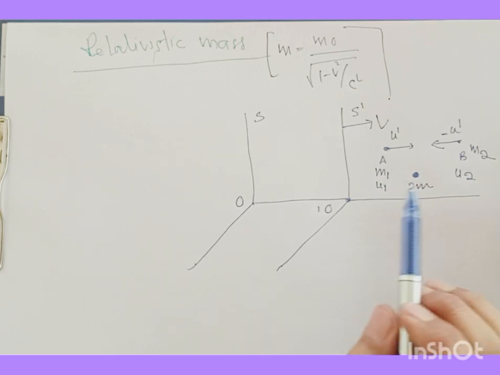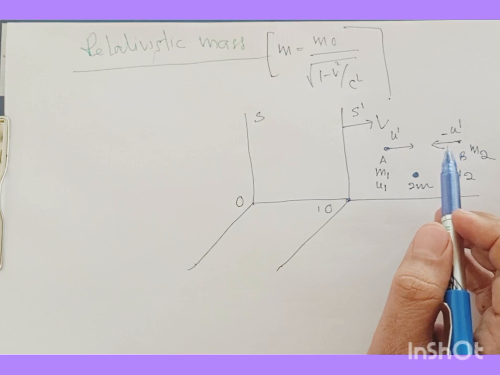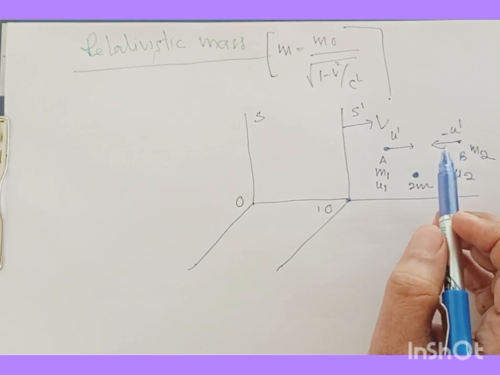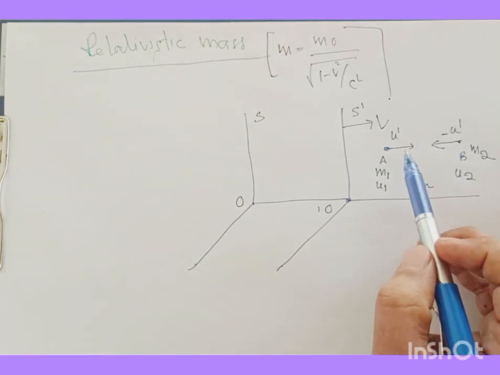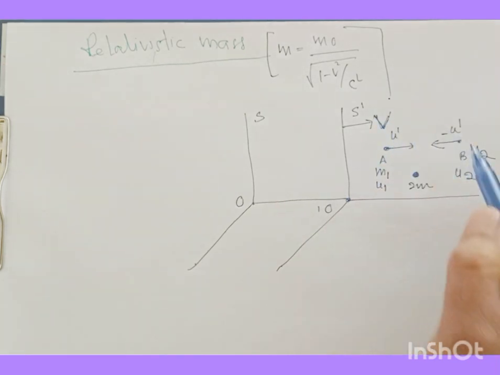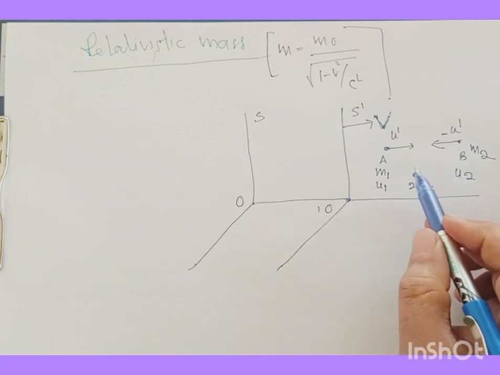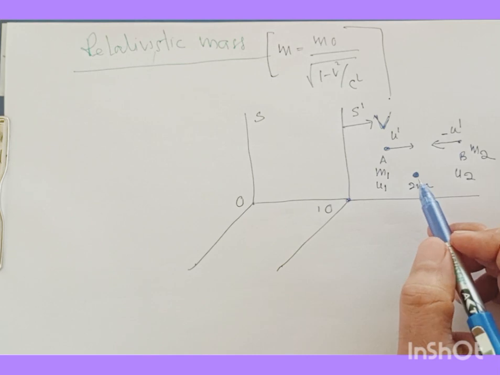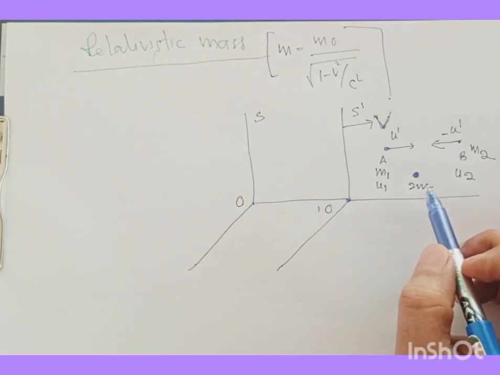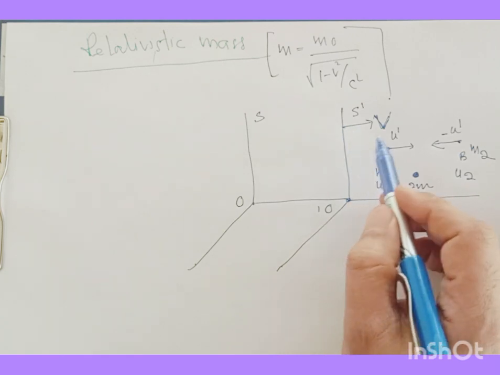Now after the collision, the balls have come to rest in S dash. What it means is that the only velocity the two balls possess after the collision is the velocity of the frame, because the frame is moving with the velocity v. They are instantaneously coming to rest, the two masses, when they coalesce together. So the only motion here is that S dash is moving.